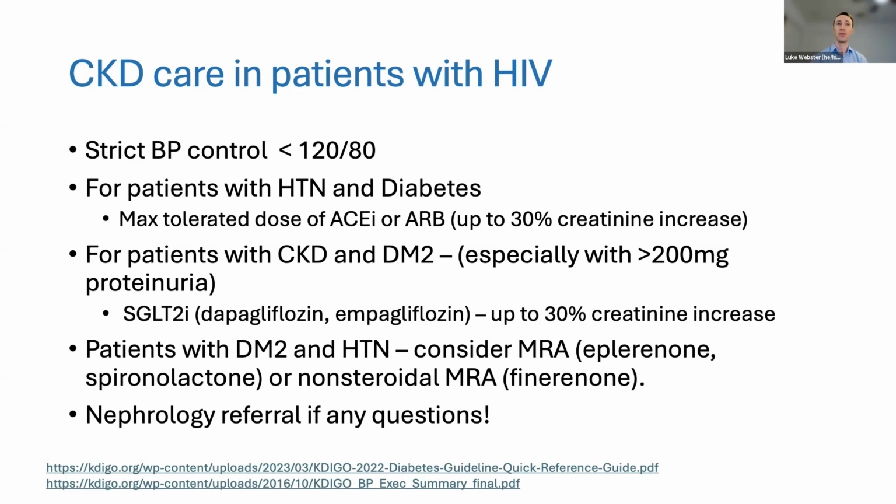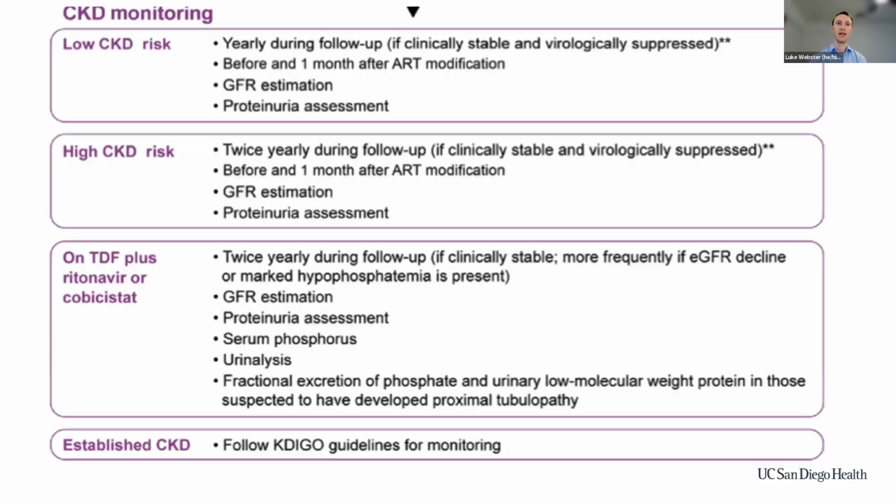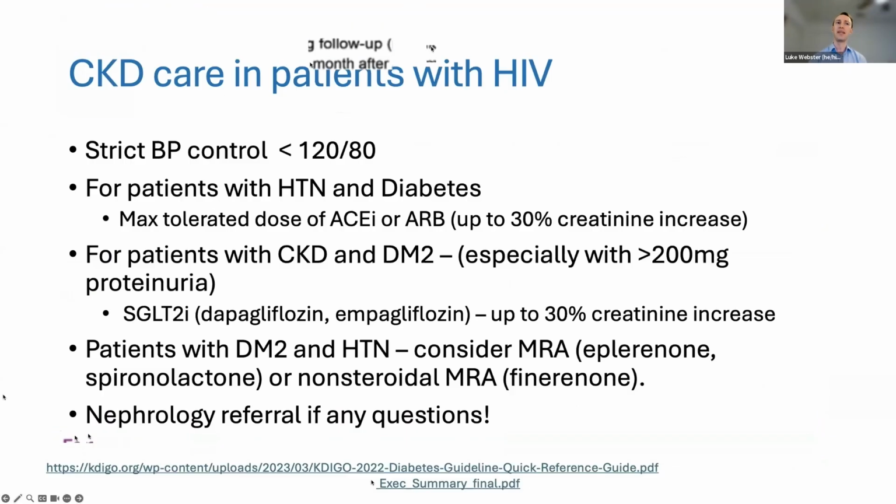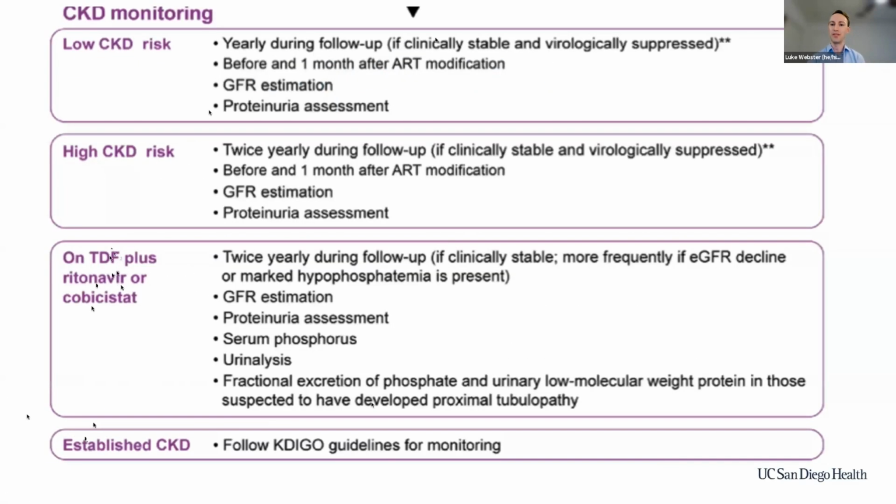But certainly if you have anybody on that TDF plus a boosting agent like cobicistat or ritonavir, I think having some of those secondary medications would be a flag to increase your level of monitoring or your level of suspicion. Right. But for someone on PrEP, as long as the creatinine is stable, I agree. I don't think it's a mandate to check phosphorus every single visit for them.